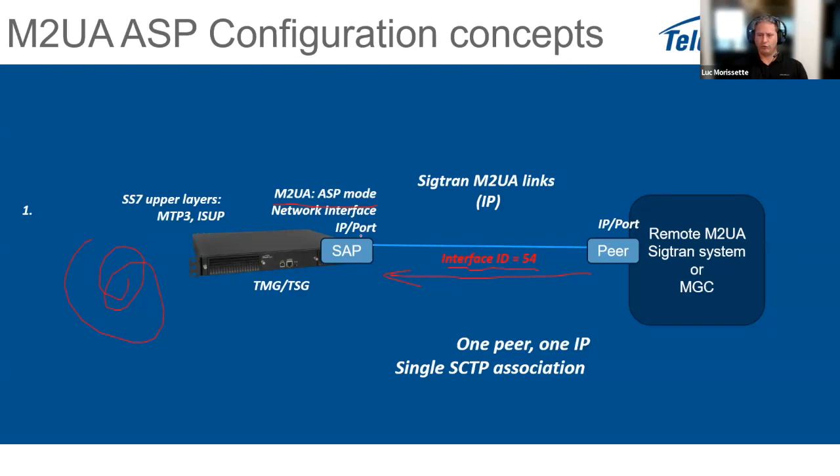It's just local between those two systems, and they need to understand the interface for that particular M2UA. And for ASP, you can have all kinds of other configurations like you saw for the signaling gateway. You could have multiple local interfaces, multiple peer clusters. So you can also do all of these configurations for ASP.